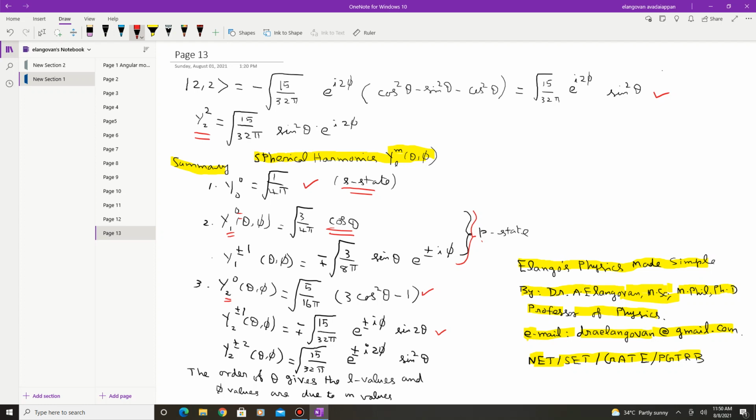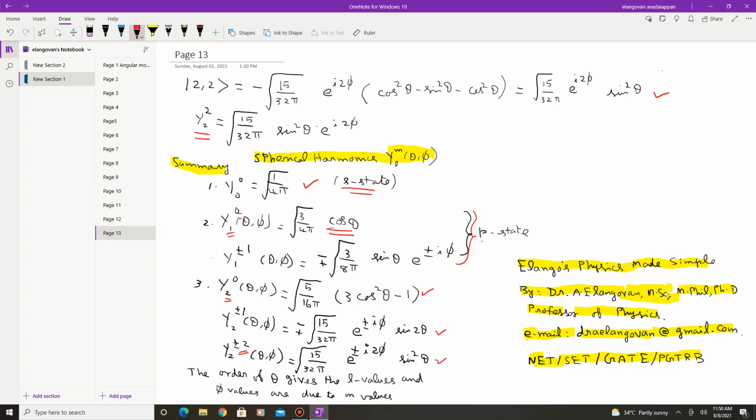When M_L is equal to plus or minus 2, here also this result, square root of 15 by 32 pi e power plus or minus i 2 phi sin square theta. So this result was also found.